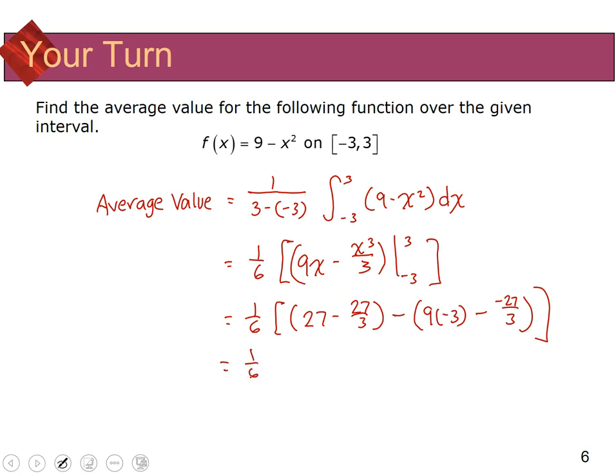This ends up being 18 minus a -18. 18 minus a -18 is the same thing as 18 plus 18, so I get 1/6 times 36, which is 6. So on average, the value of f of x for this function between -3 and 3 is 6.